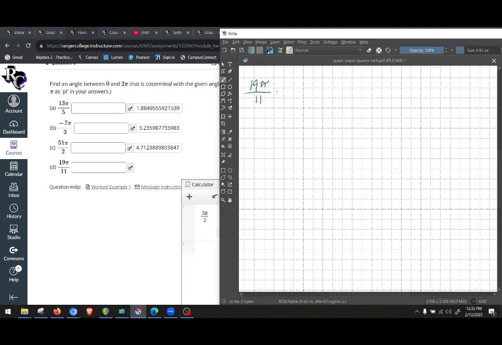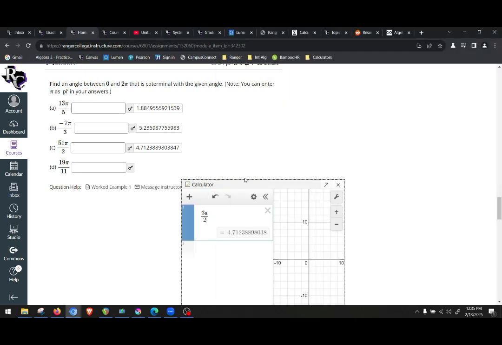It's 19 pi over 11. And just to quickly check and see which direction we're going, what is 19 divided by 11? That's 1.7 pi. So that one is already between.